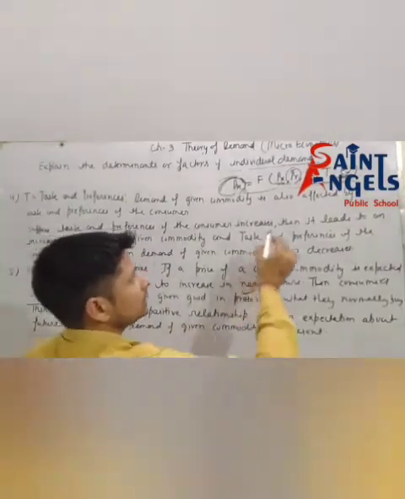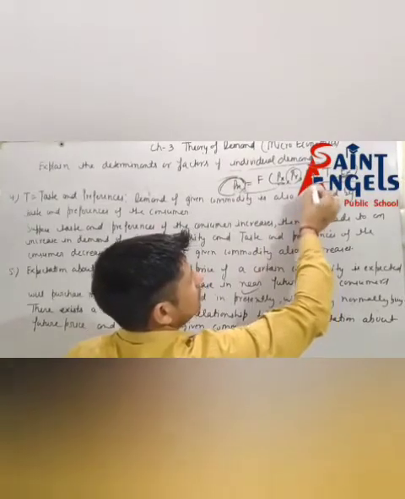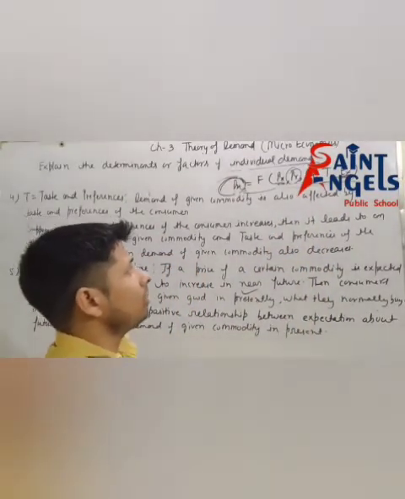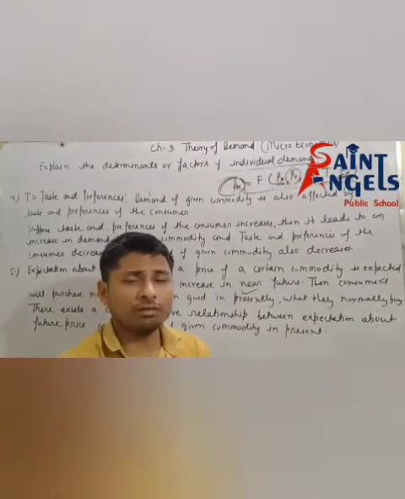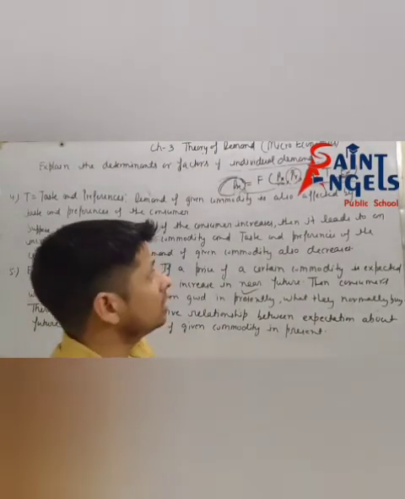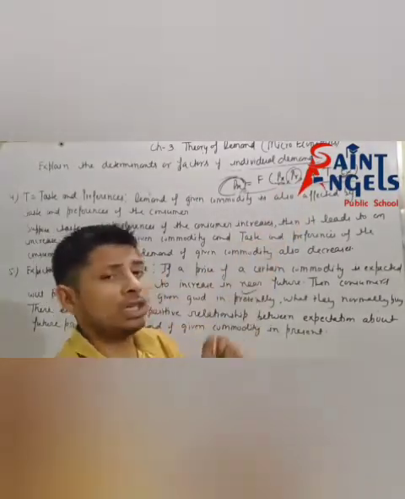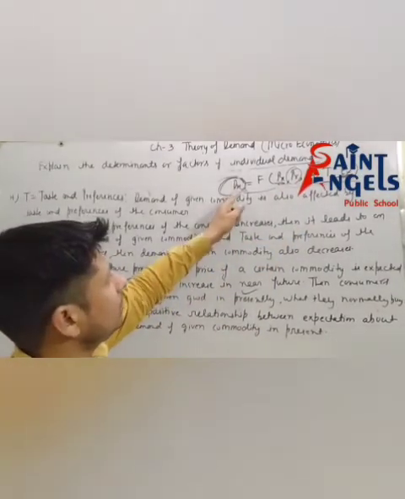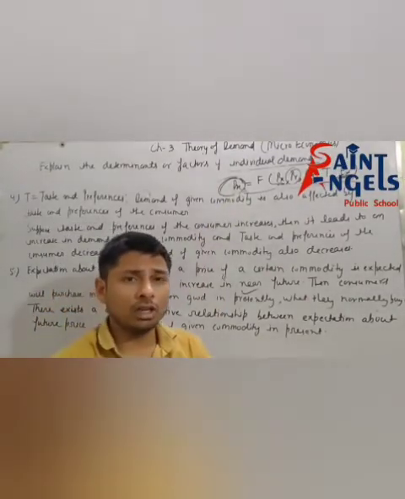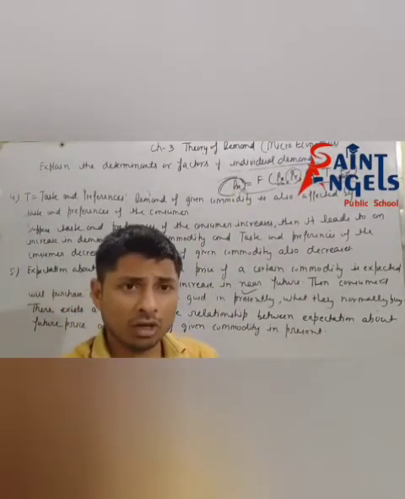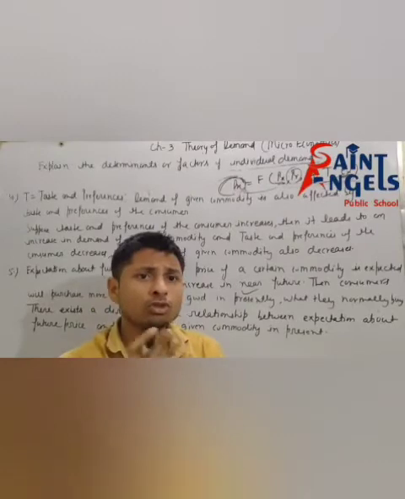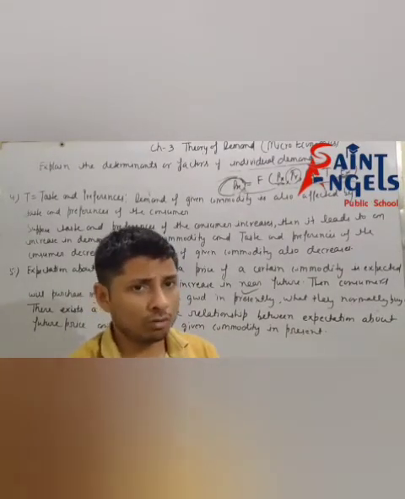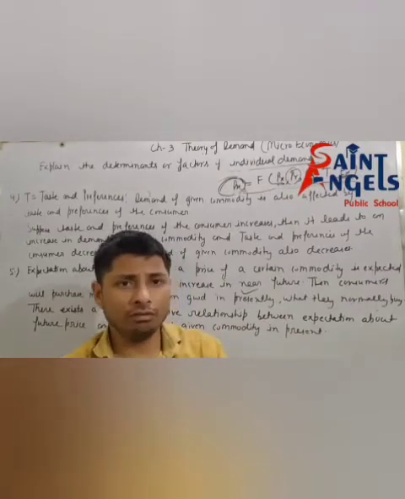Now after this is CY. CY means consumer income. Now if you want to check the effect of change in income on demand of given commodity, then first of all you have to classify into two goods: first, normal good, and second, inferior good.